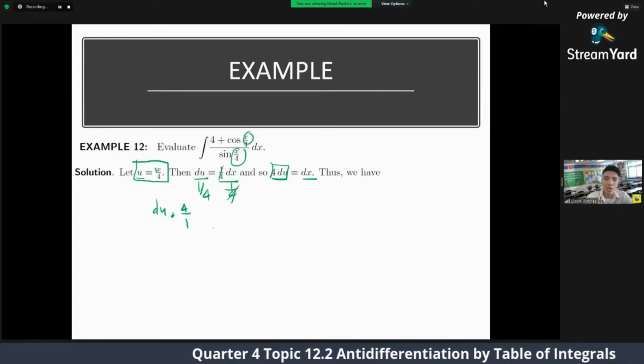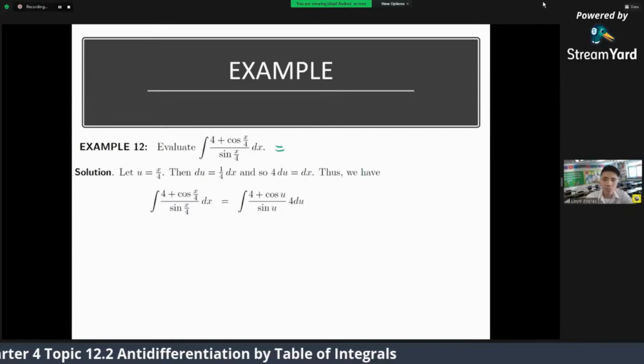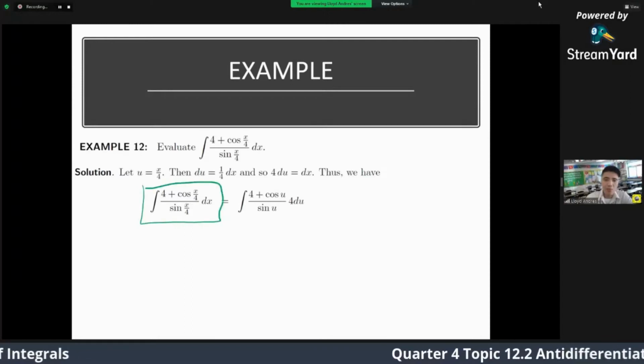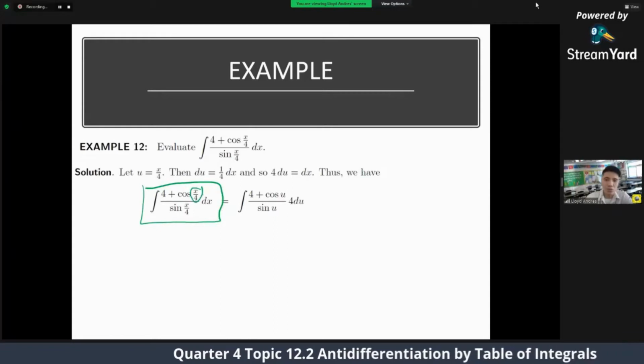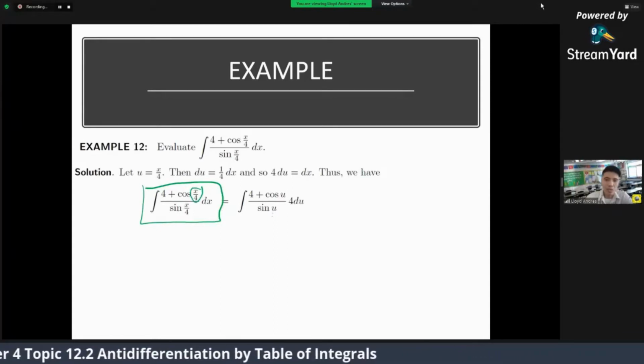From that, we can rewrite this as 4 plus cosine u over sine u, and the dx is replaced with 4 du.